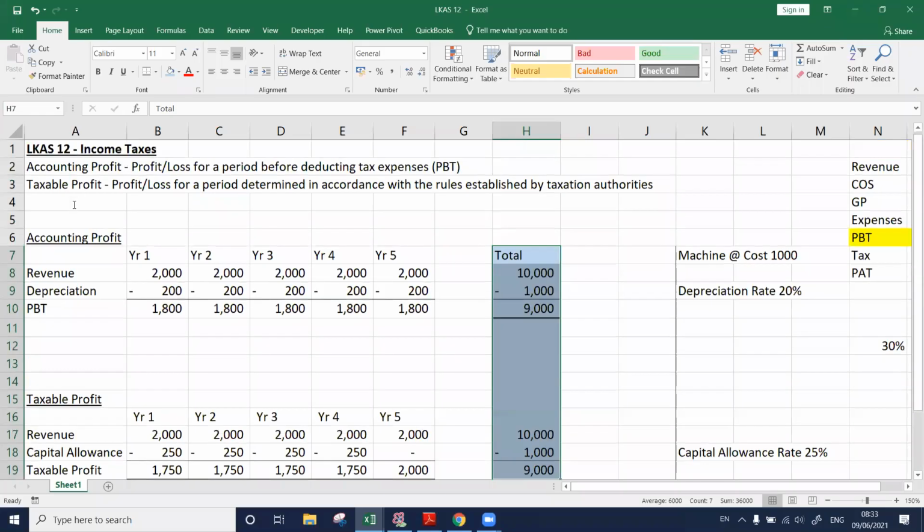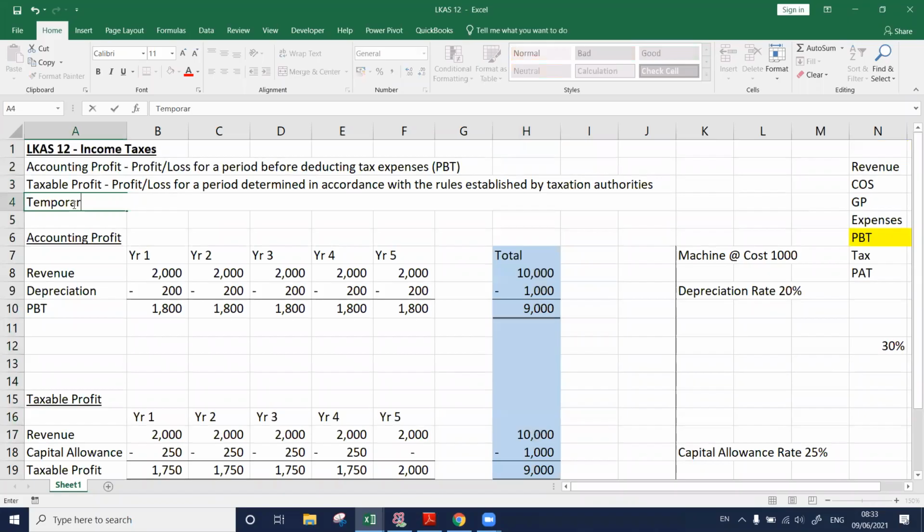So what do you mean by temporary difference? These terms have been tested in your exams, right? What do you mean by temporary difference?